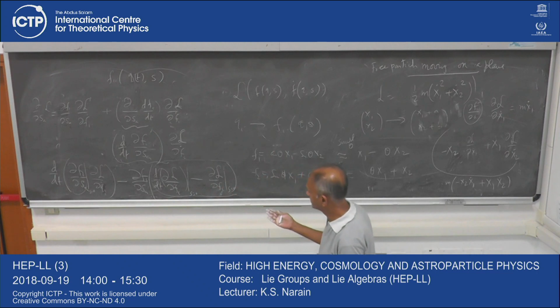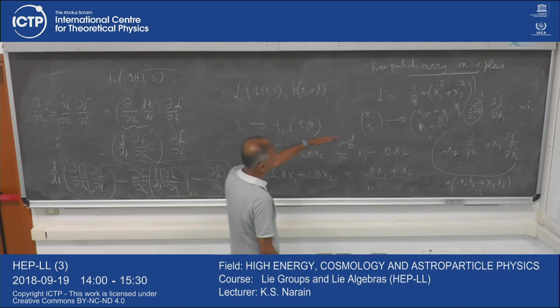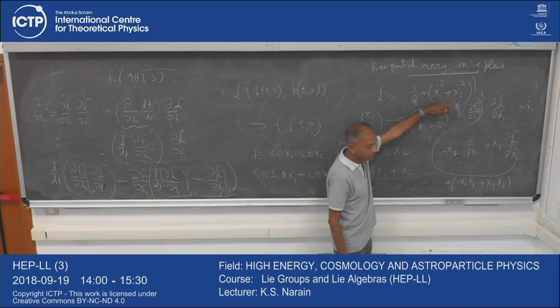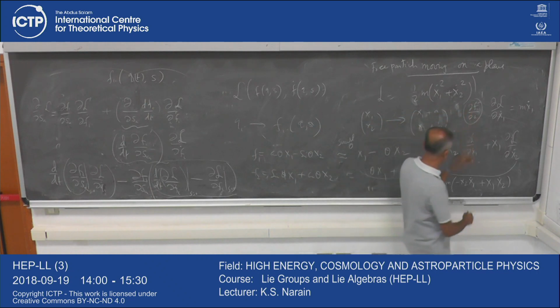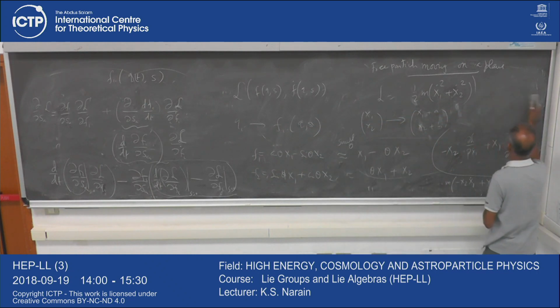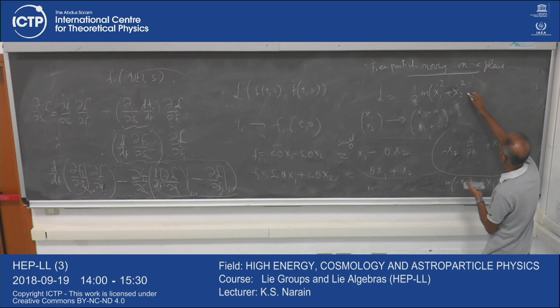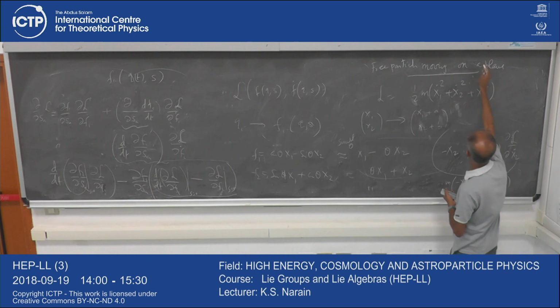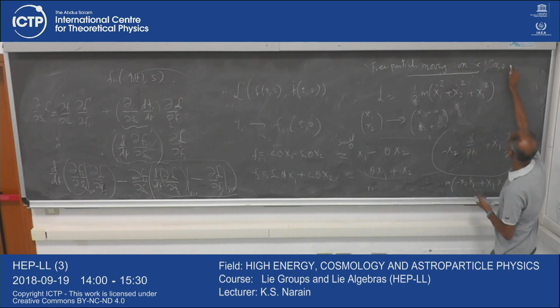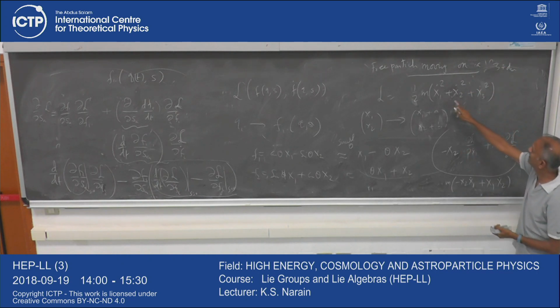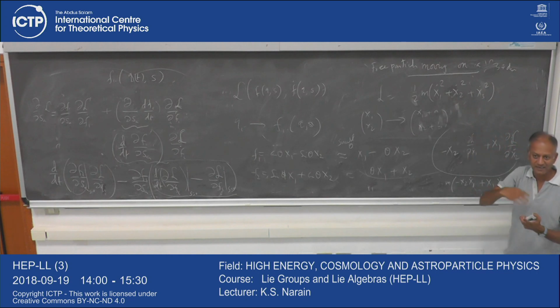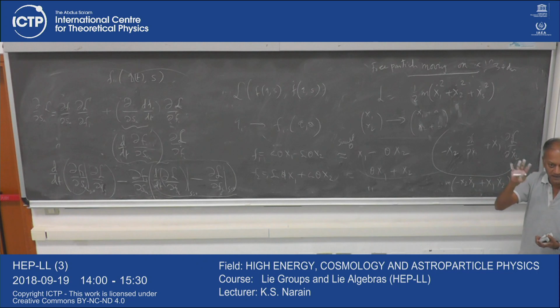Okay, and the same thing will happen. This was a simple example where I just considered 2 dimensions. What if I had considered 3 dimensions, with plus x3 dot squared? So this is now a 3D. In that case, we'll have a more general symmetry, rotational symmetry in 3 dimensions, and it will depend on 3 parameters because there are 3 Euler angles.